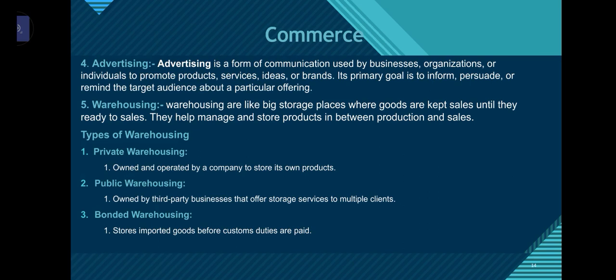The types of warehousing: private warehousing is owned and operated by a company to store its own products. The second one is public warehousing, owned by a third-party business that offers storage services to multiple clients. The third one is bonded warehousing, which stores imported goods before customs duty is paid.